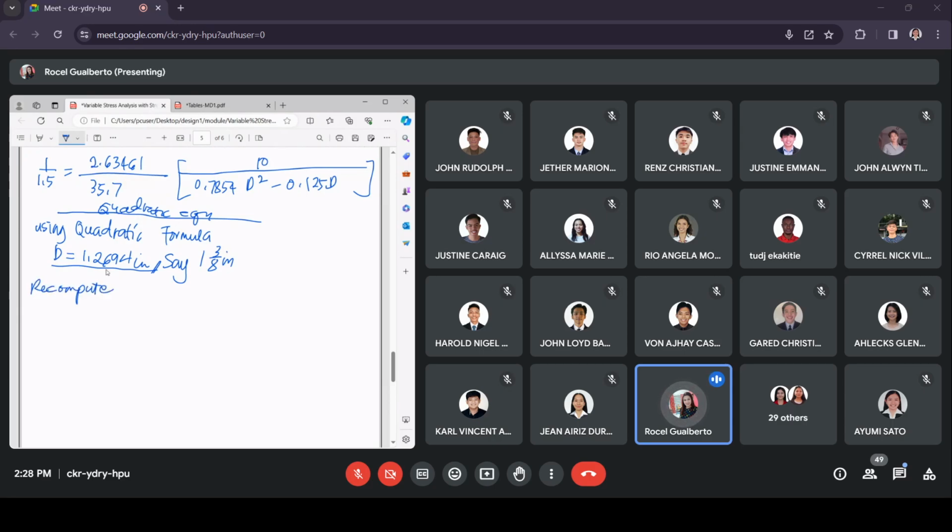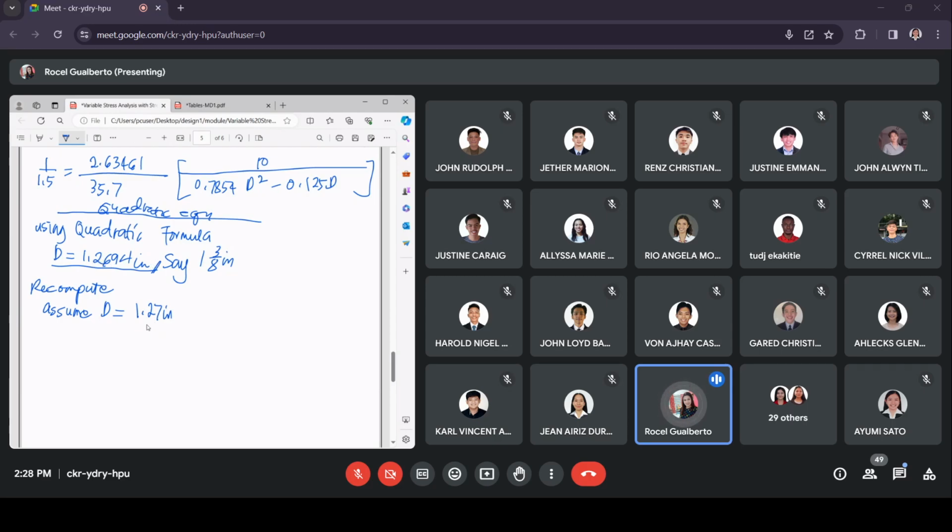It's very close, 1.25 and 1.27, but they are of different standard sizes, so you need to recompute. For the recompute, you assume a different diameter. Your previous answer should be your next assumption. Assume diameter 1.27 inch, just have it as 1.27 instead of 1.2694.